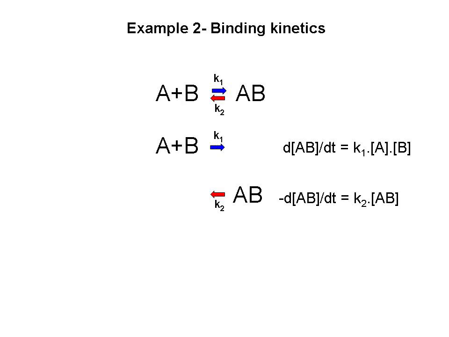The equation is the rate of change of the complex. Because the blue arrow is towards the complex, it will increase the concentration of AB. When the substance moves from the free compartment to the AB complex compartment, the concentration of AB will increase, so it is a positive rate of change. d[AB]/dt is a positive number, equal to the concentration of free A and free B times a constant.